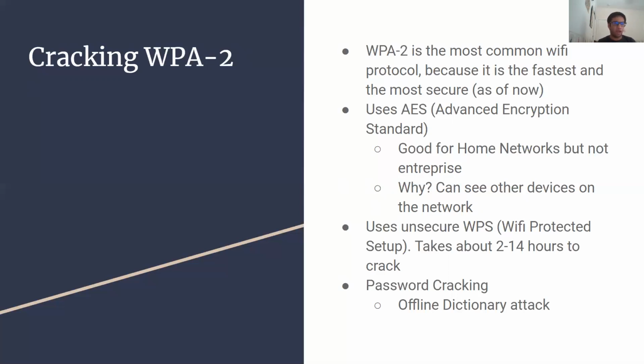And Wi-Fi Protected Setup is a system that takes about 2 to 14 hours to crack, and this is often a password that's scrutinized under an offline dictionary attack, if you have the password list, such as a dictionary, and then you have the actual encrypted password.